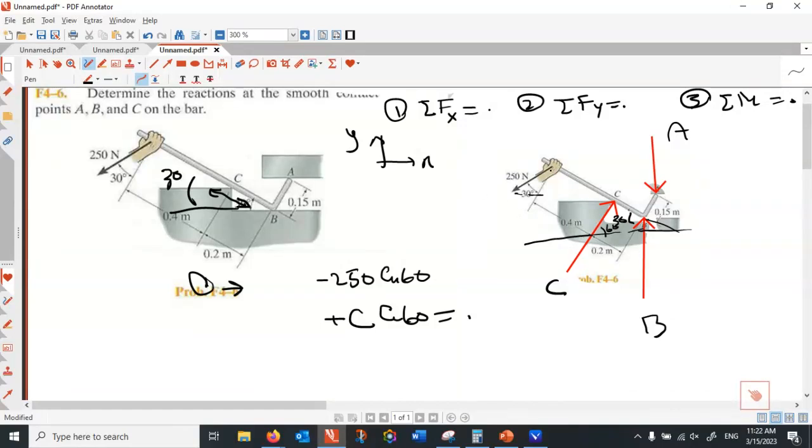What about this one? I want to project that in this direction. So this is 30, that is 60, this force cos 60. All right, so here I find out C to be equal to 250 Newton.